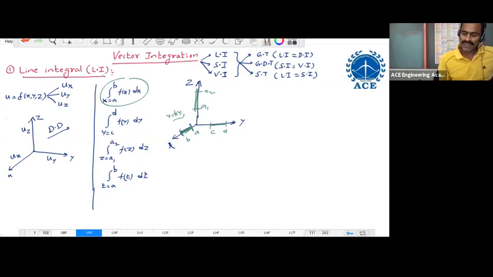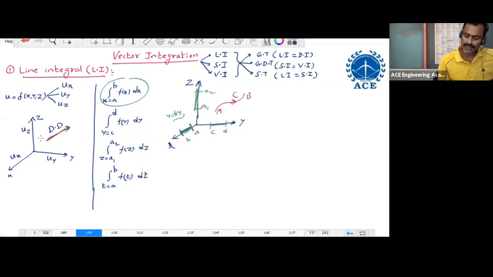Suppose you want to find the integral along some arbitrary curve in space from a point A to a point B, just like this here. If you want to find the derivative of the function along some arbitrary direction, such a derivative is the directional derivative.